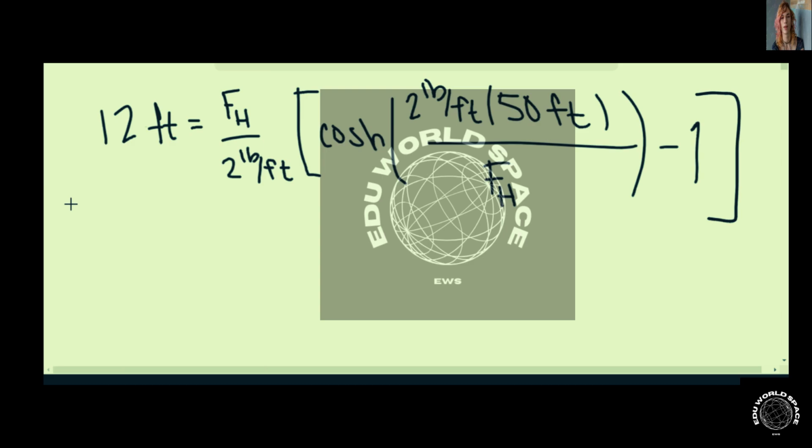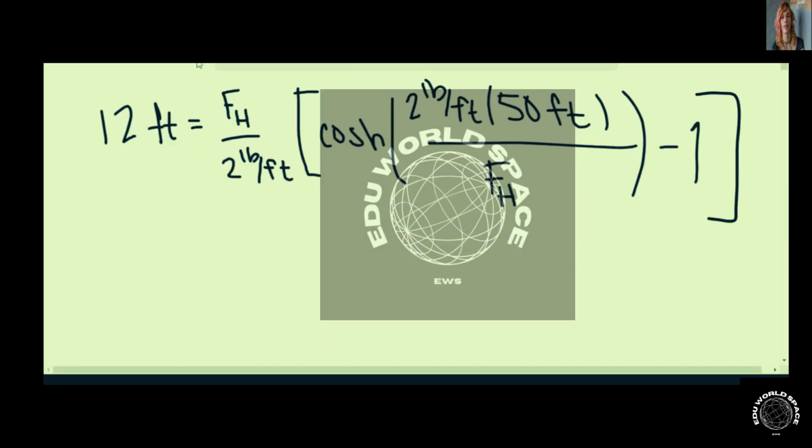In order to solve this, I would not recommend that you do it by hand. I would implore you to use a graphing calculator where you plot the left and the right hand side and find where the lines intersect one another. If you're using a TI-83 or 84 graphing calculator and you want to know where to find the hyperbolic cosine, you need to hit the second button, catalog, which is directly above the 0, then hit the program button, which is where C is.